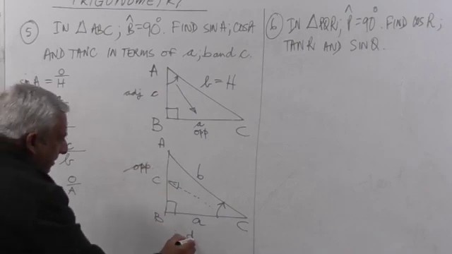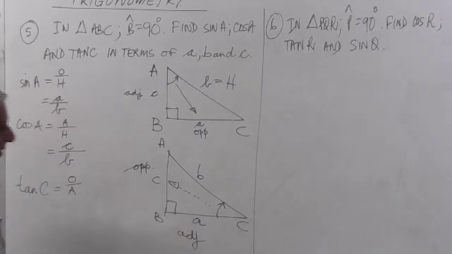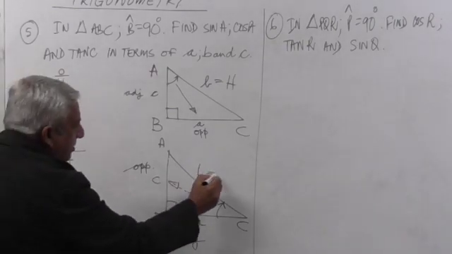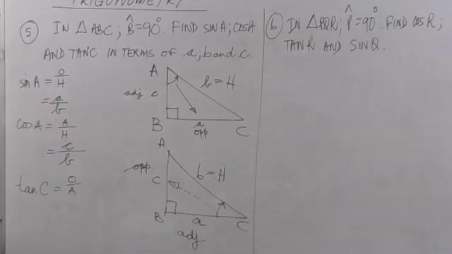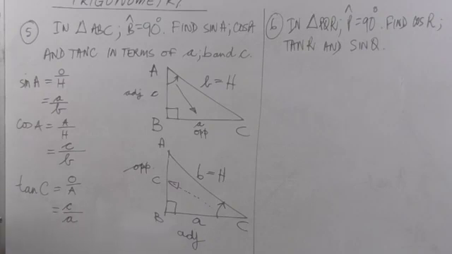And this is the adjacent side. And that's the hypotenuse. So opposite will be C over the adjacent side, which is A. So that's how you get your answers, because it's said in terms of A, B, and C.